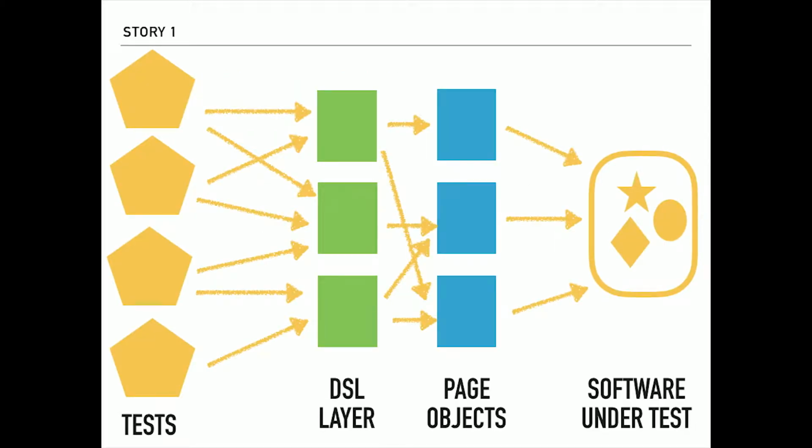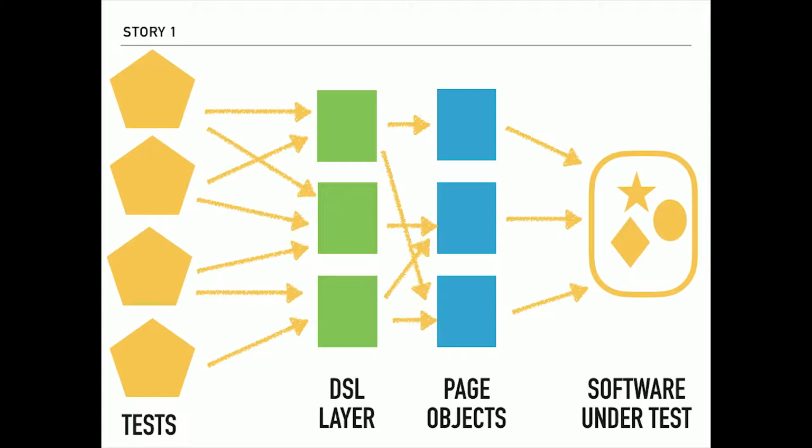So this is what it looks like now. Essentially, the key takeaway from this is we have some abstraction between our tests and the software that we're testing. And all we're really doing is applying the same good practices we would when developing code to our test suite.